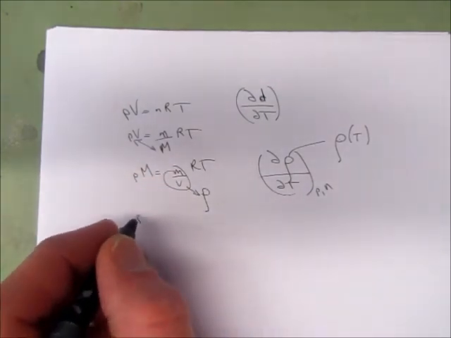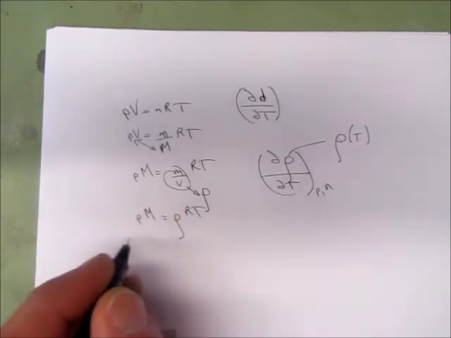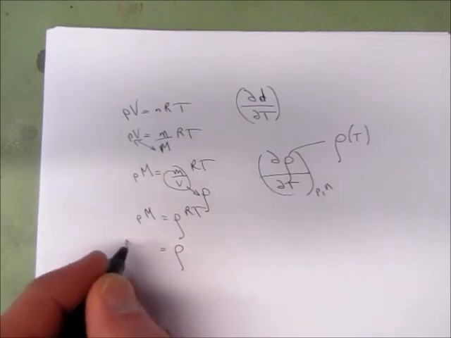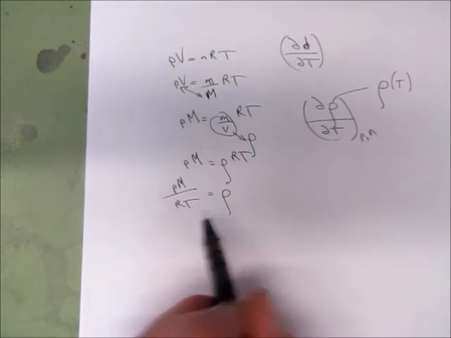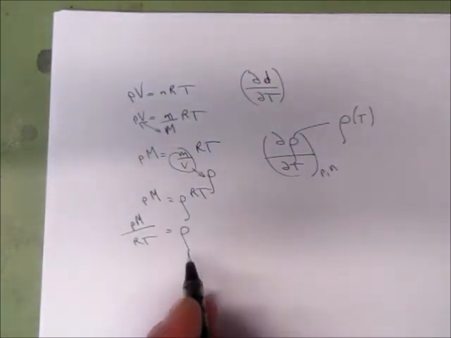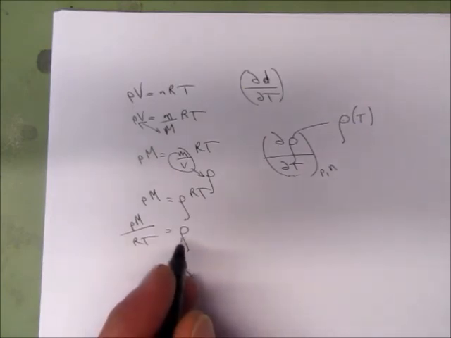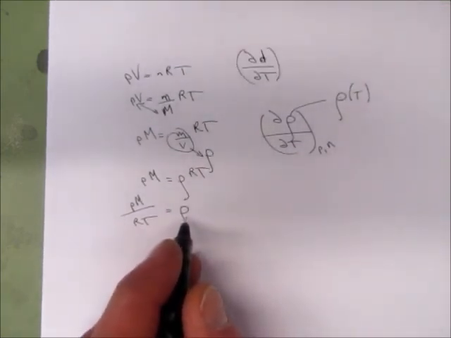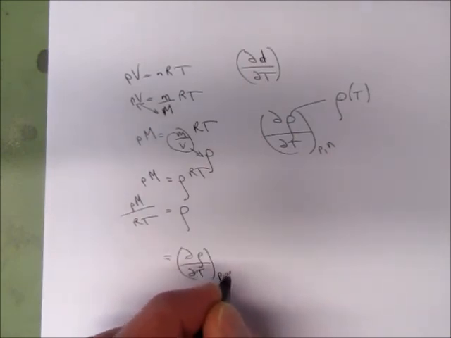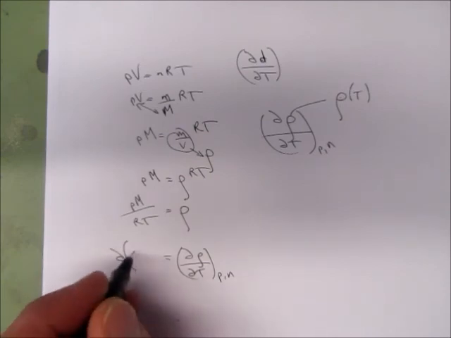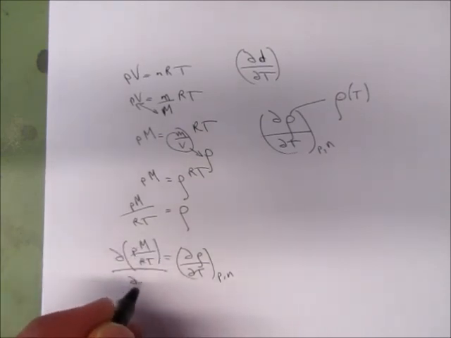So I could isolate that by itself. When I do this derivative, I could just keep it this way. I purposely take the derivative of the right-hand side, which is density at the moment, with respect to T holding this constant, so you do the same, pressure M over RT.